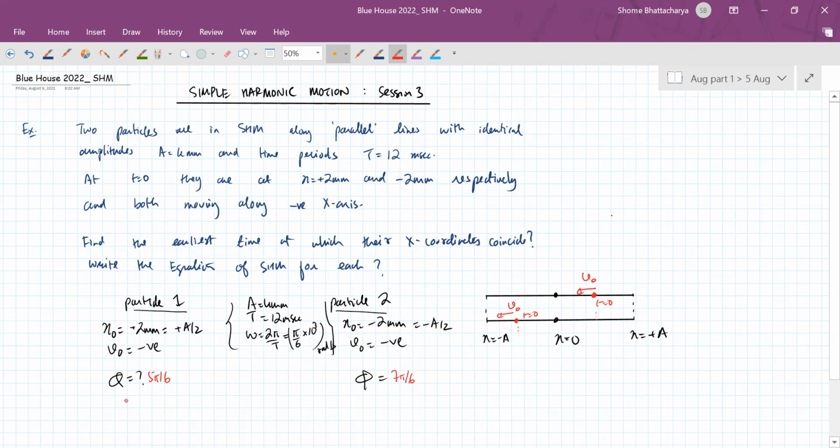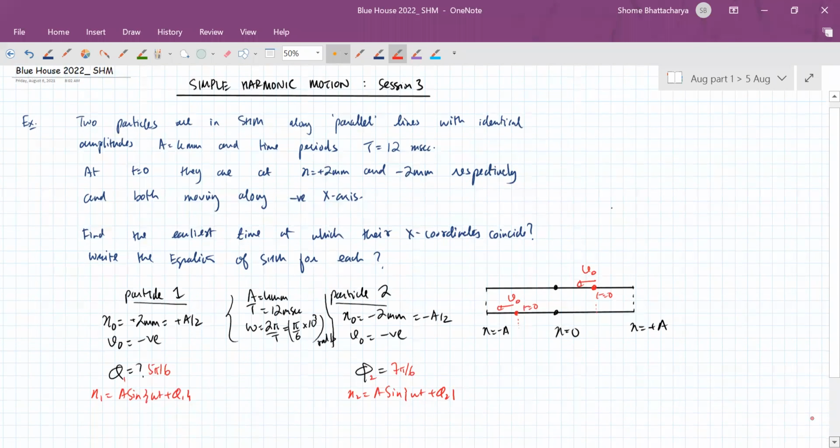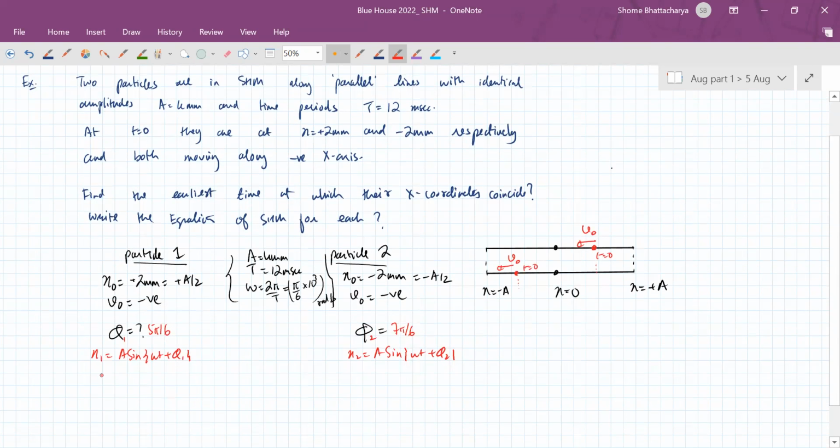Because if you take the equation as A sine(omega t plus phi), sine phi 1 has to be plus half, but cos phi 1 has to be negative.